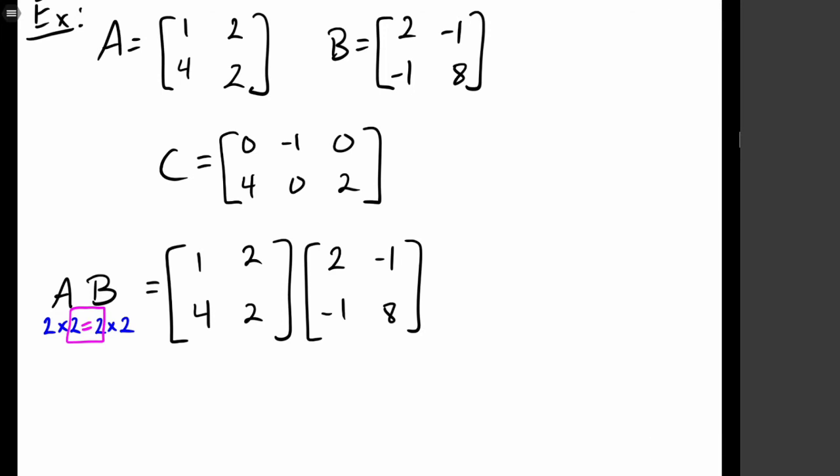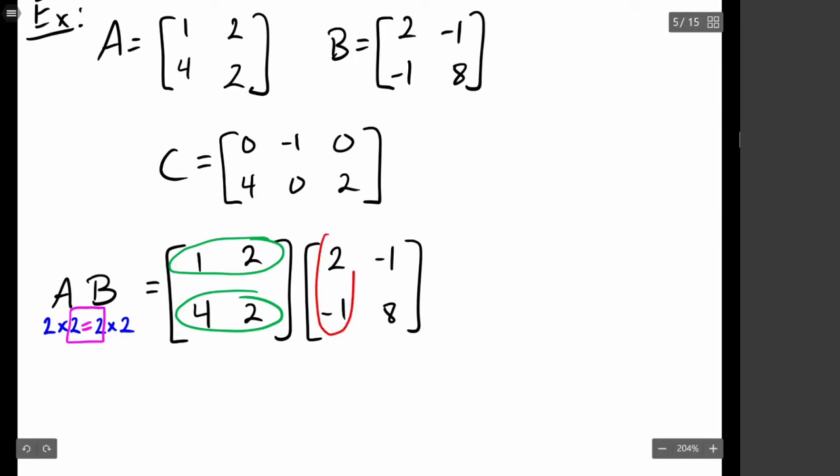Now, when we're multiplying these two matrices, we really want to think about these in terms of rows and columns. This first matrix, we want to think of in terms of rows. The second matrix, we want to think of in terms of columns. Right?